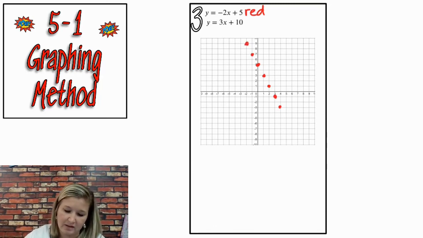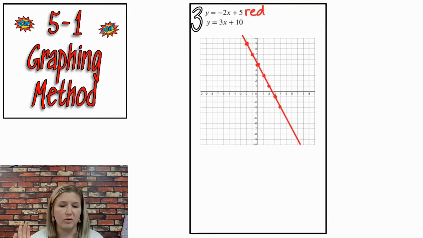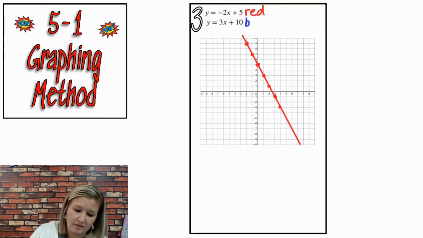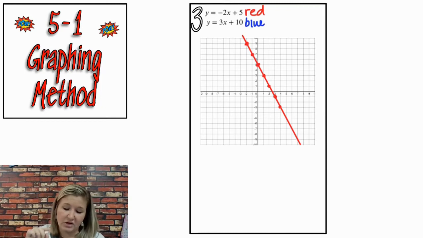And so here's my line right here. I may have to extend out a couple more points. We'll sort of check and see. And then I'm going to make my blue line. I'm going to start out at 10, way up here. If I am supposed to go up 3, right 1, however, I can't do that because I'm out of space. Plus, it's not going to go towards my line. I want to go towards my line.